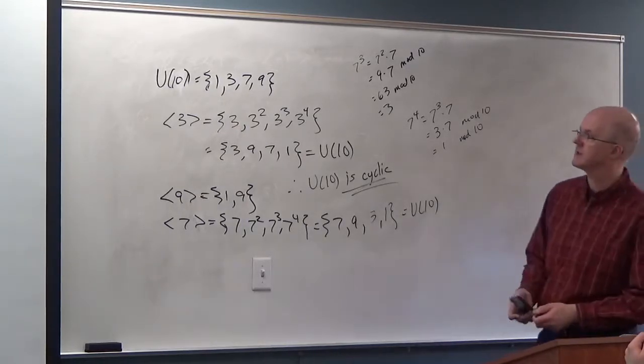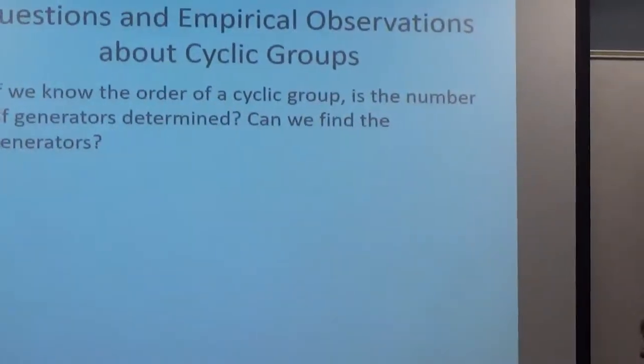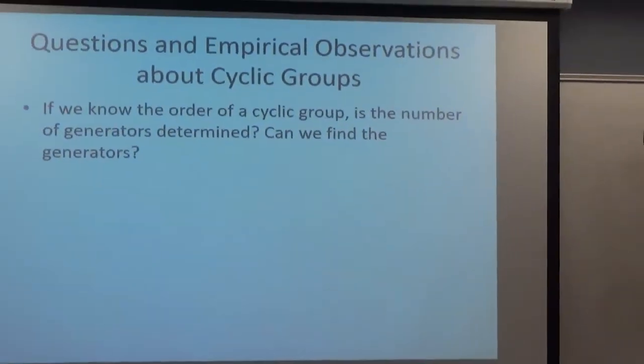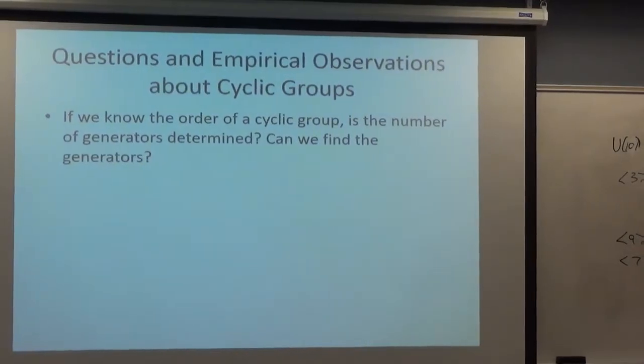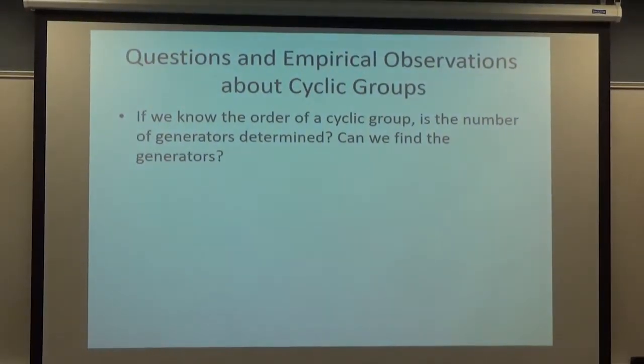Here are some important questions to try to answer about cyclic groups. If we know the order of the cyclic group, how many elements it has, 4, for example, 5, 6, 7, whatever, is the number of generators completely determined? We have just seen with U10, which is cyclic, it's got 4 elements, and it's got 2 generators, 3 and 7.